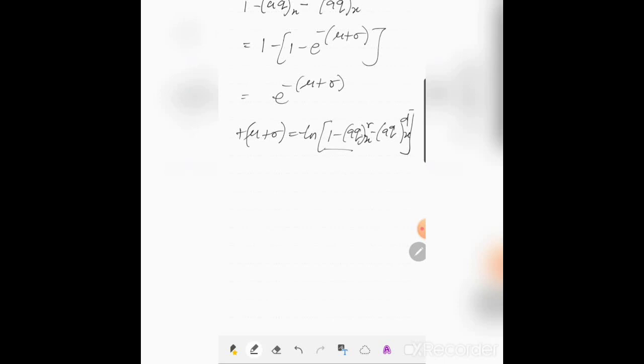If I'm taking it the other way, it becomes 1 minus e to the power of minus (nu plus sigma), and this is equal to aqxr plus aqxd. So aqx, we've got it.